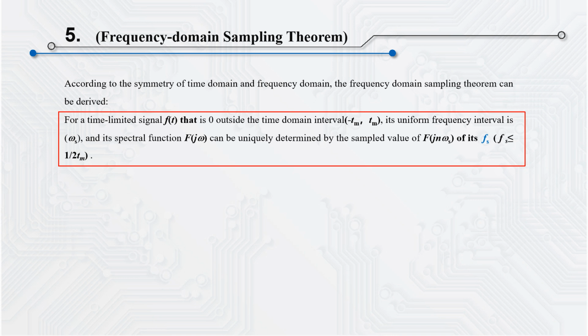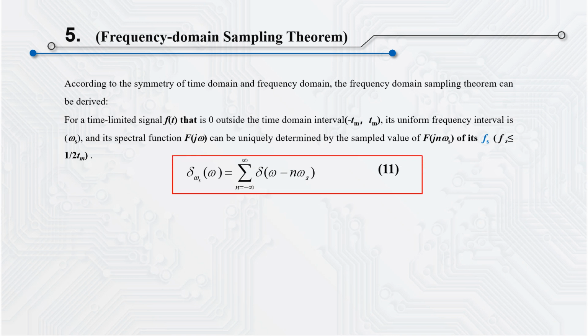That is to say, for a time-limited signal f(t), if its spectrum is F(jω), its uniform frequency interval is ωs. That is to say, we adopt a uniform sampling method. In this way, F(jω) can be determined by the sampling value F(jnωs) of its sampled signal. It should be noted that f(t) should also be a time-limited signal.